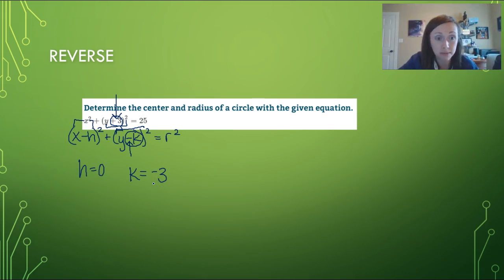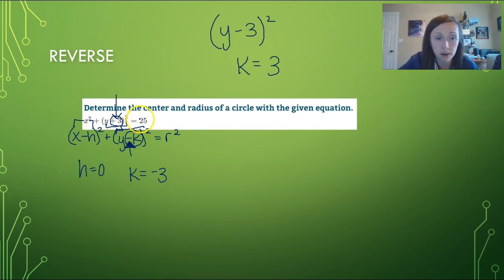It is the opposite of the way that it appears because of this subtraction sign in here. If it had said (y - 3) squared, that means k would have been positive 3. So it's always going to be the opposite of the way that it appears in the formula.